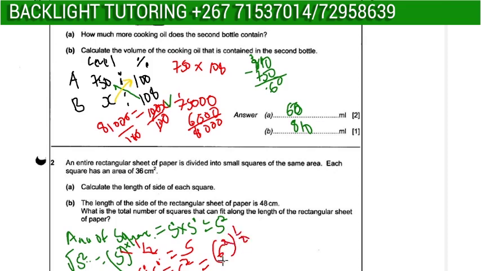This cancels. It will be 6. This is the same as saying the square root of 6 squared. You are going to find this 6. So 6 centimeters is the length of the side.